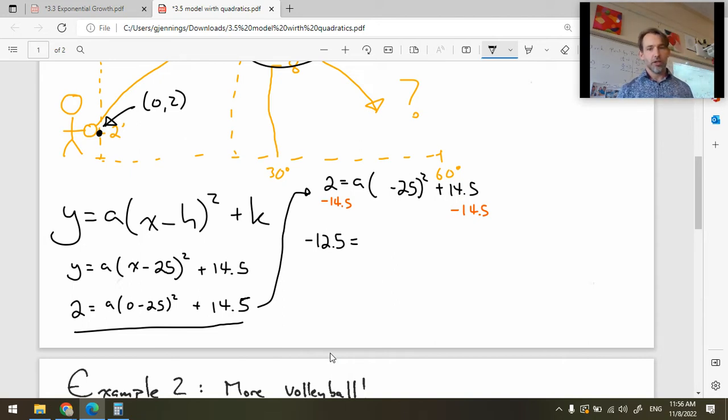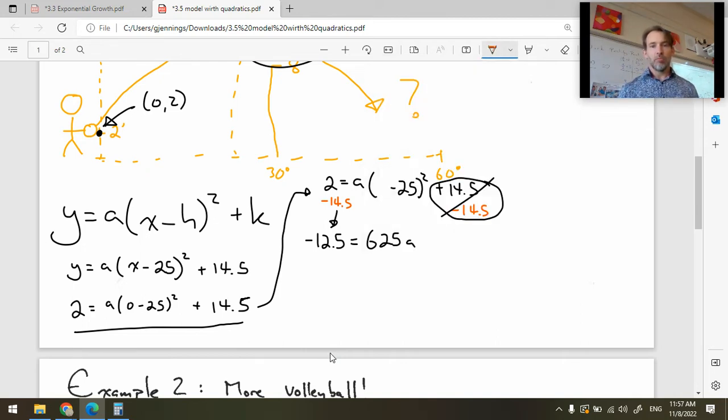Negative 25 squared, your calculator will tell you, is 625, multiplied by a. So all I'm doing is all the simplification I possibly can in order to find out a.